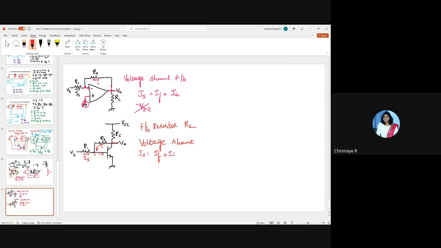You can write at this point IS is equal to the feedback current plus the input current, while you cannot write Vs is equal to Vin plus Vf because there is no feedback voltage at all, because the other terminal of this amplifier is grounded. So what's the input to this amplifier? It is nothing but VBE, right? Small signal VBE. So one terminal is grounded. So since one voltage is not changing, you cannot express Vs is equal to Vin plus Vf.